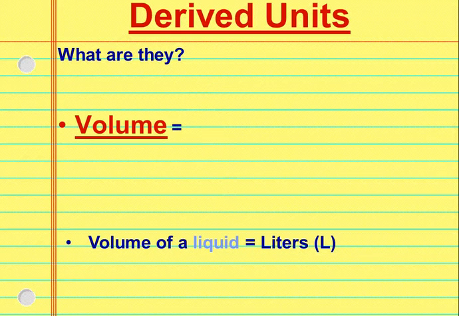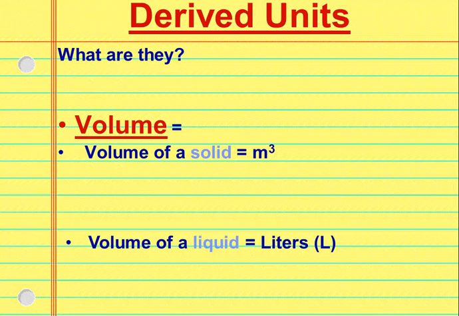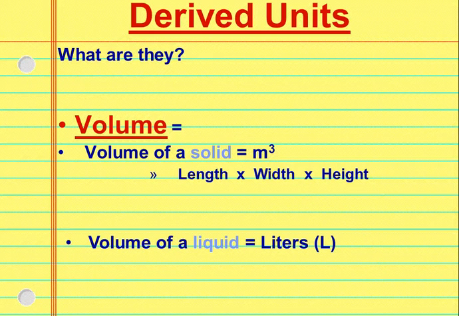Volume is a good example of this as well, because not only can we take volume of solids, but we can also take volumes of liquids, and in both cases they contribute to a derived unit, something that is made up. So to take a volume of a solid, you do length times width times height.